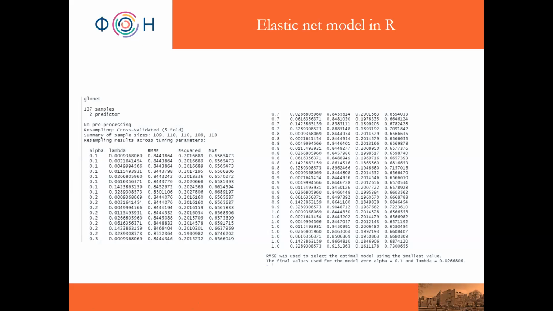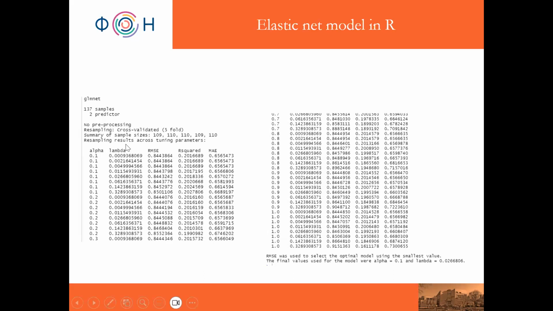I mean, here the tricky part is that you don't know which value of alpha is the best. You don't know which value of lambda is the best. So definitely approaches such as this, where you are expanding your search space and allowing the software to try different combinations of these parameters, are pretty good.